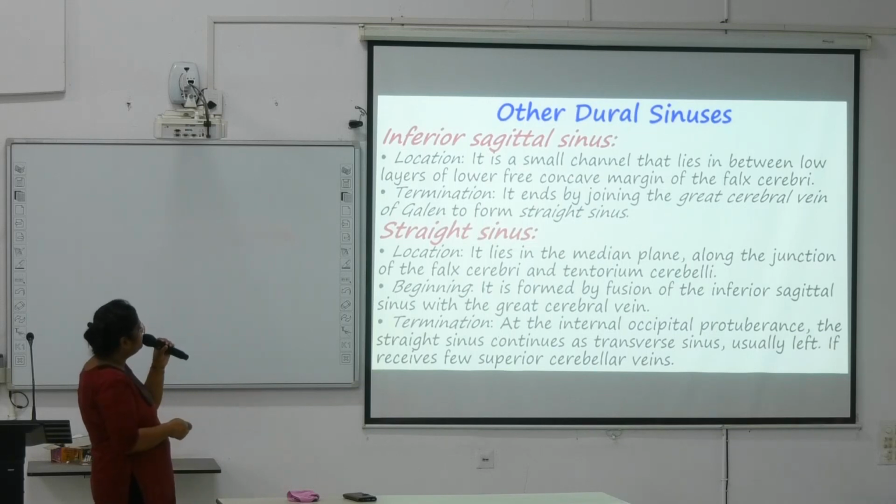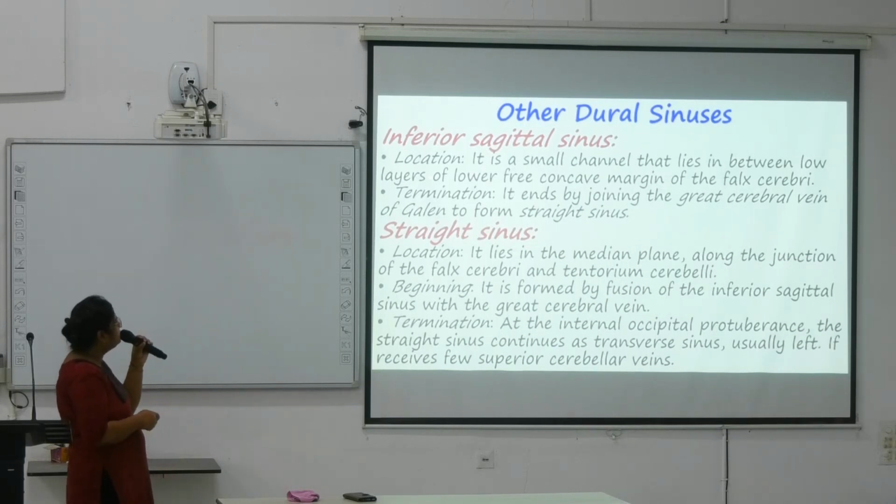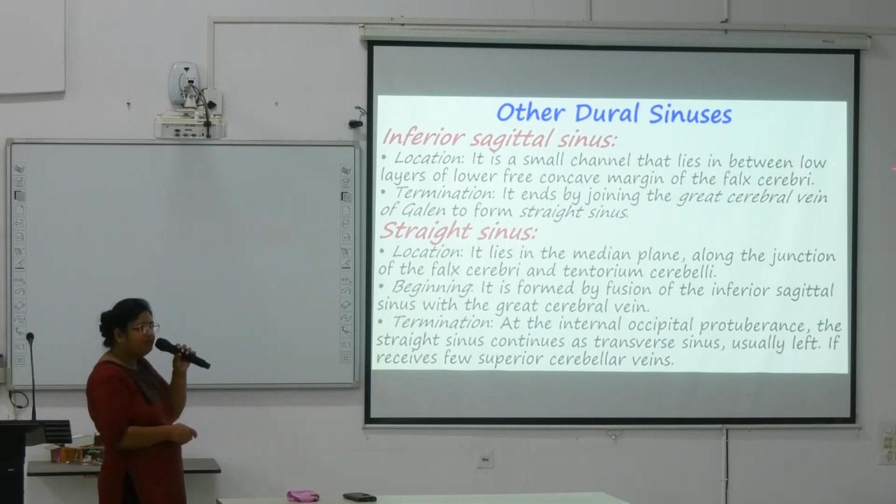Inferior sagittal sinus, a small channel, lies in the lower concave margin of the falx cerebri. It ends by joining the great cerebral vein of Galen to form the straight sinus. Okay. Next we go to the straight sinus. Location: it lies in the median plane along the junction of falx cerebri and tentorium cerebri.